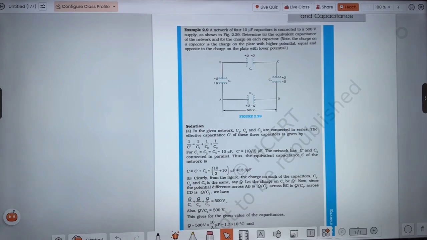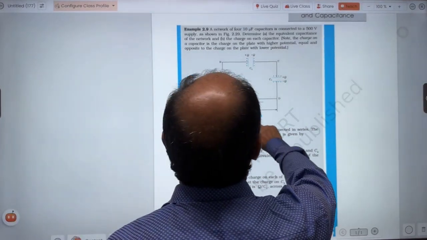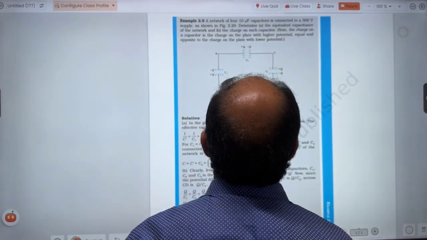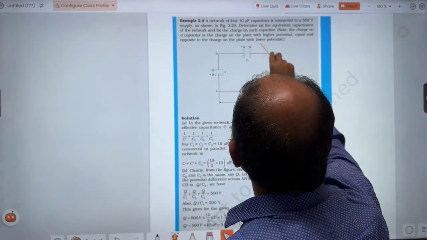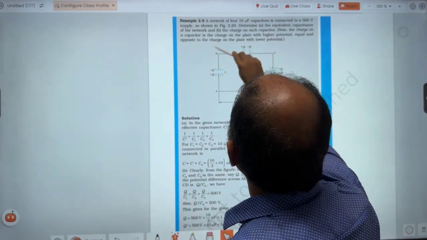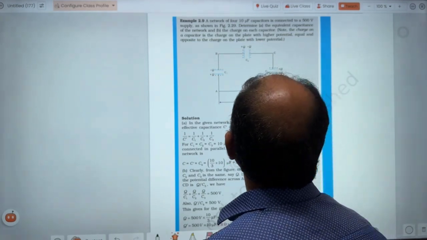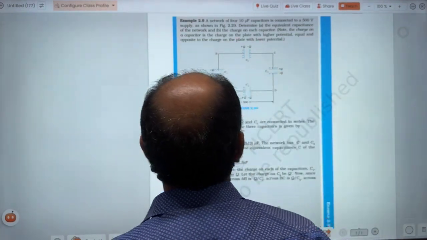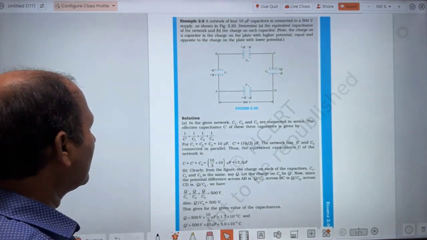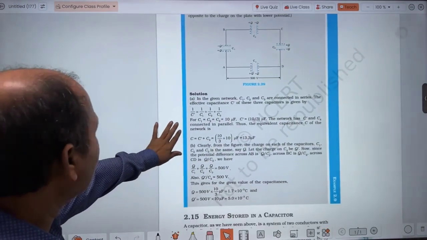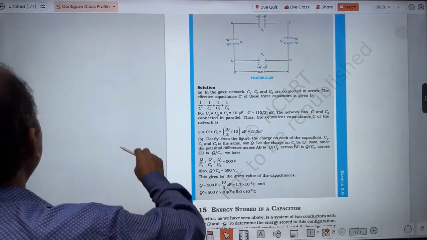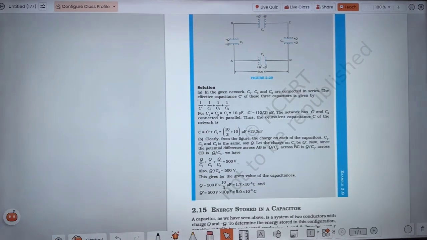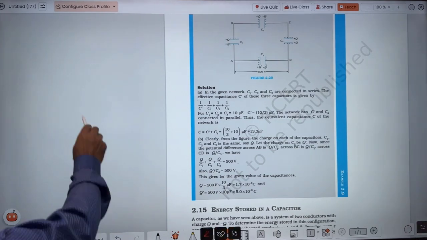So this is the first part, in which you have to find the equivalent capacitance. Now consider the second part, in which you have to find the charge. Here if you see, in series the charges will be the same, here, here. So in here the charges will be the same, here the charge may be different. So first of all, let's find out the charge. We can write Q equals CV.